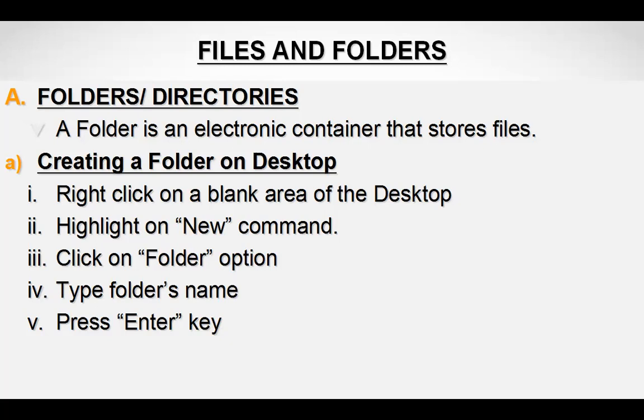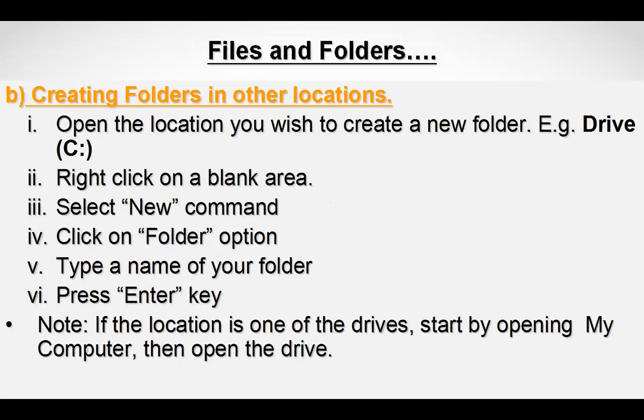When you're trying to create folders in other locations, simply open the location where you wish to create that folder. For example, open drive C, then right click on the blank area. That is specifically where that folder will be placed. Then you select New, then go again to Folder.